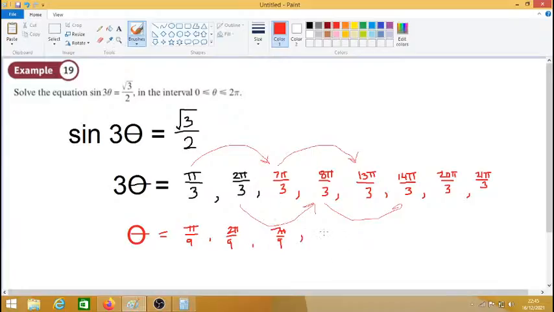The next one would be 8 pi over 9, and 13 pi over 9. Finally, 14 pi over 9. And we don't want to go anymore because 20 pi over 9 would be bigger than 2 pi.